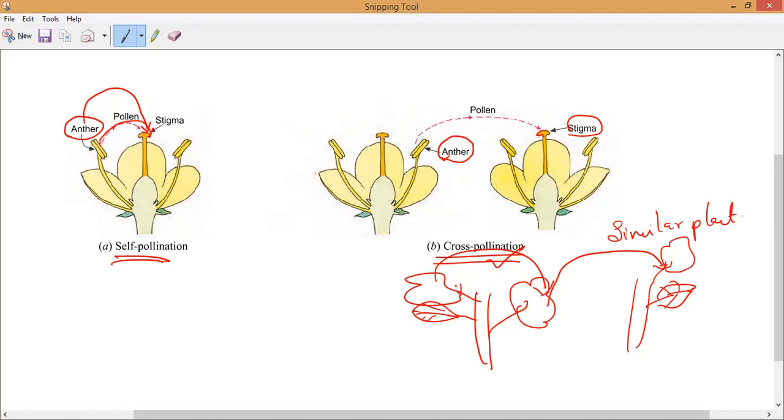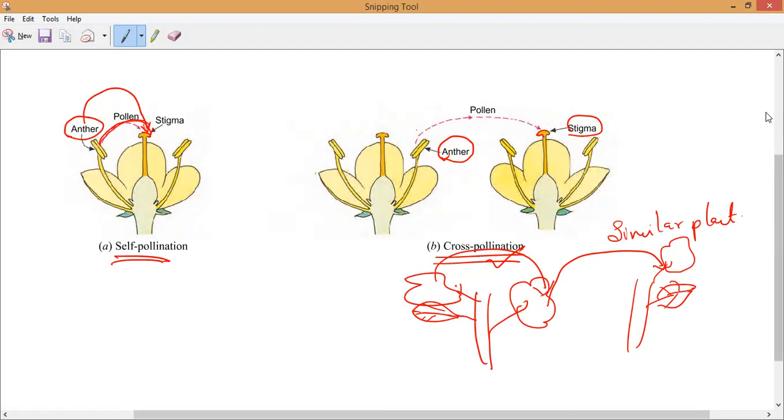So easily with normal wind also these pollen grains will be carried from the anther to the stigma of the same flower, so that fertilization will take place. And if it should happen from one plant to another plant, then definitely something needs to carry it out, by wind or else insects or else birds or else water. Something should help them do the cross pollination. So this is all about what is cross pollination and what is self-pollination.